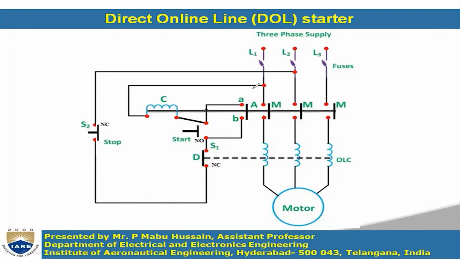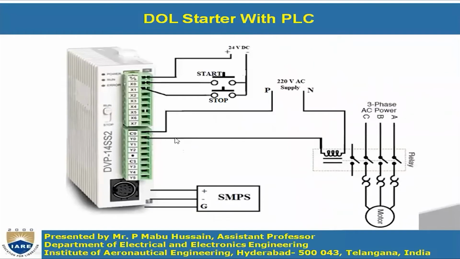How can you implement this DOL starter through PLC? Let us see. So, DOL starter with PLC. As I said before, for starting the motor and stopping the motor, you have to use two push buttons.